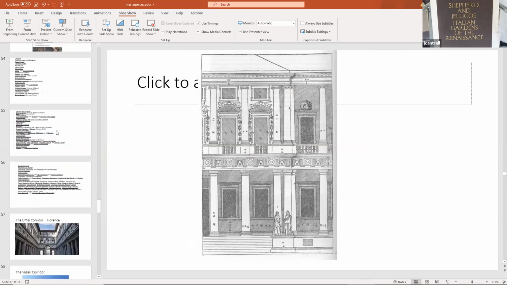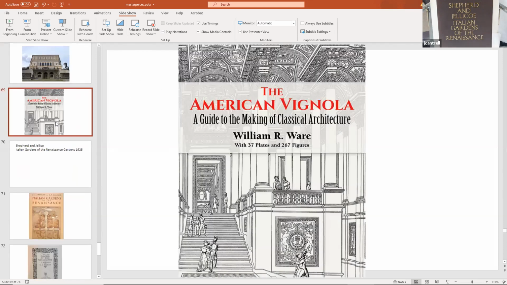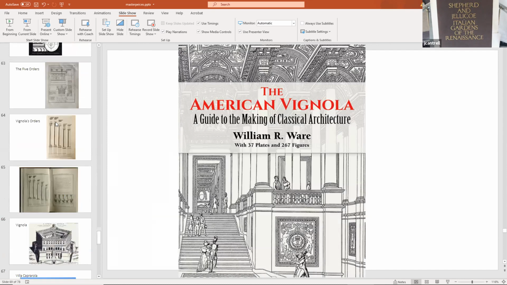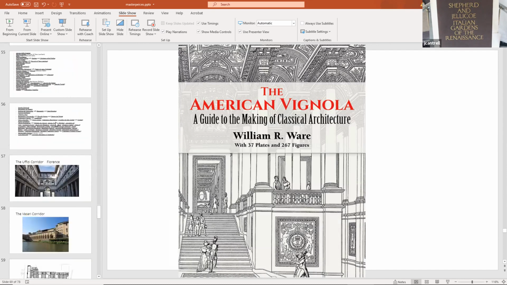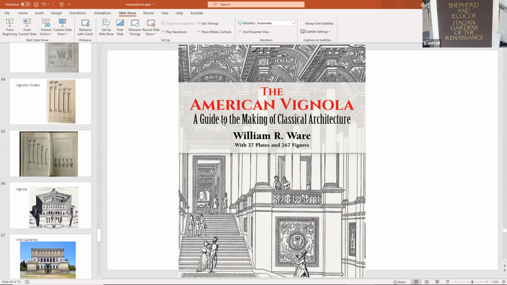That's kind of why when you look at the American Vignola, it's written in feet and inches and you can read it in English. Because you kind of have to factor the fact that if you take a Latin or Italian piece of prose, there are some liberties in properly translating the language. That's why the American Vignola is easy for people in America to understand and measure and draw things.